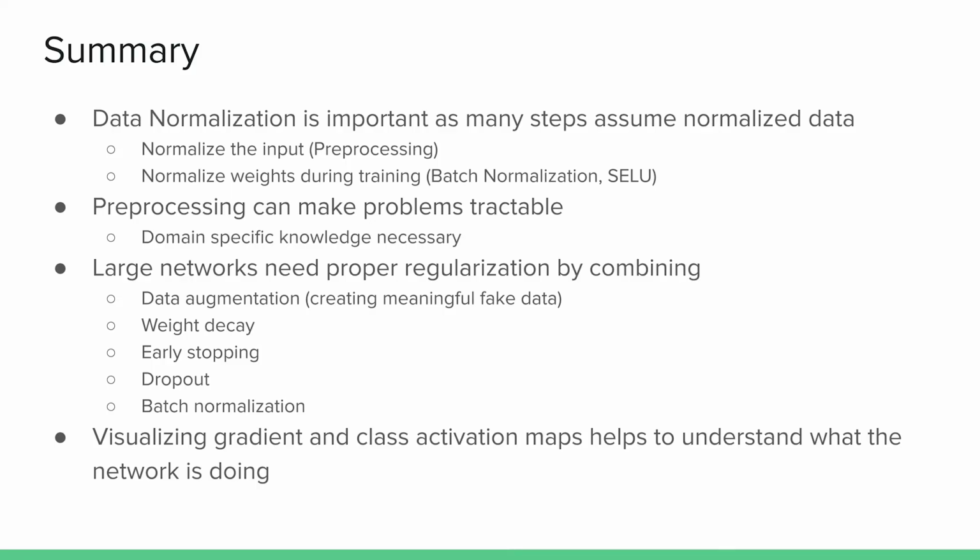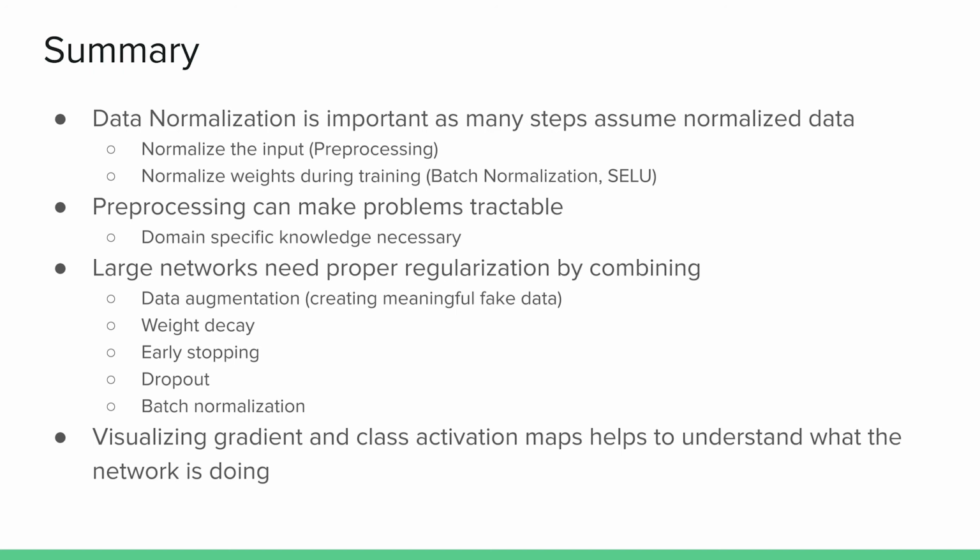Large networks need proper regularization. I told you before, the best performing neural networks are those that have a huge capacity but are well regularized. So what we can do is employ several mechanisms at the same time, like data augmentation, where we create meaningful data. We can employ weight decay.